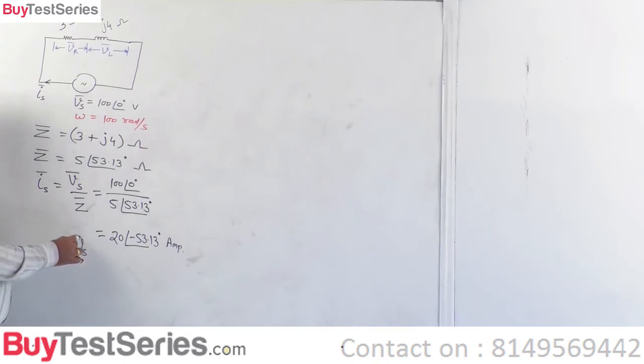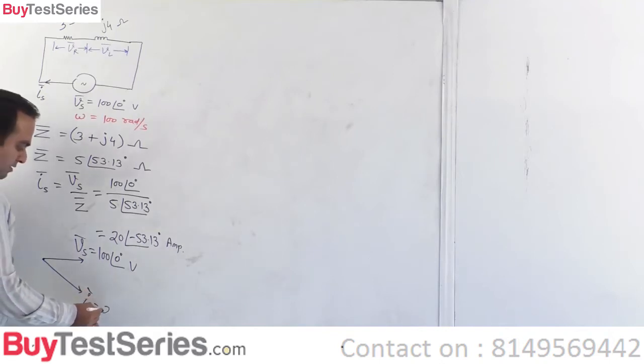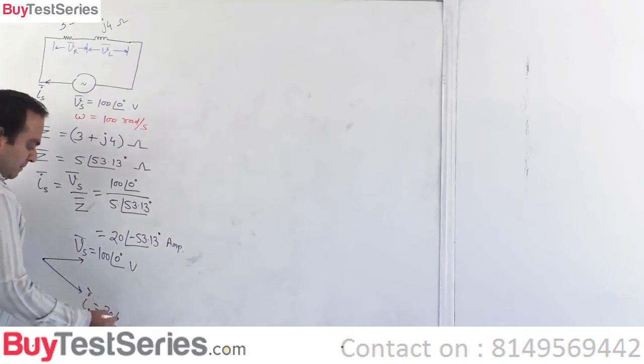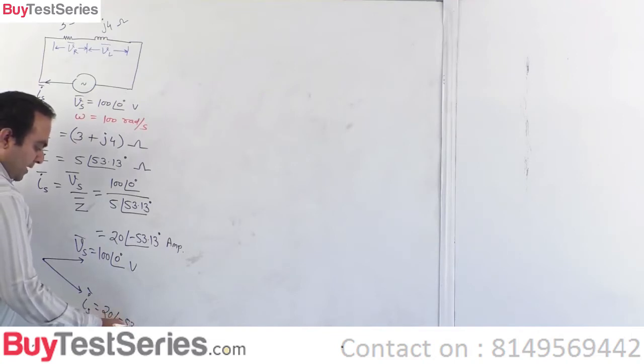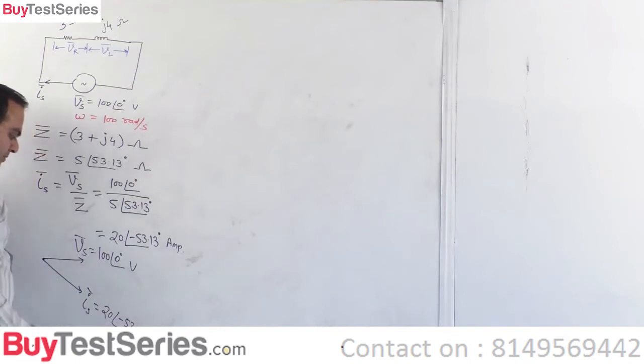This is Vs, which is 100 angle 0 degrees volts, and this is Is, which is 20 angle minus 53.13 degrees amperes. So this angle is 53.13 if we only look at the magnitude.